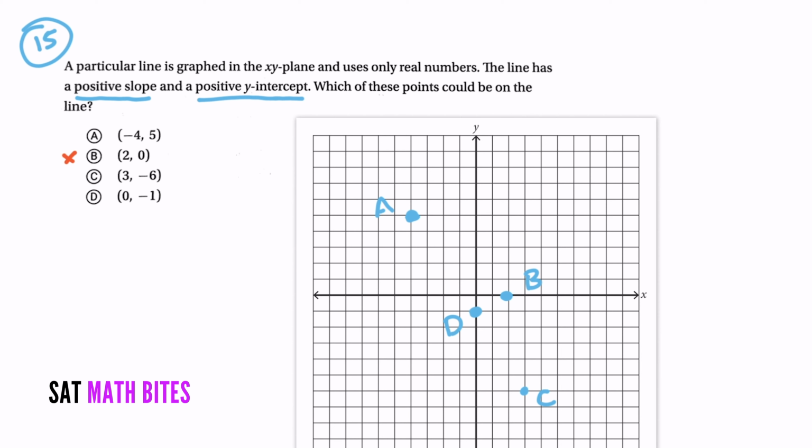The same thing is true for C. Any point that we connect here with a positive y-intercept will also be decreasing, going down. So we know that answer choice C is not a viable answer choice. If we look at answer choice D, any point on the y-axis with a positive y-intercept will simply lead to a vertical line. That has an undefined slope, not a positive slope.